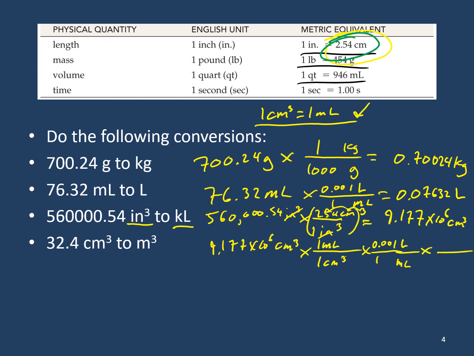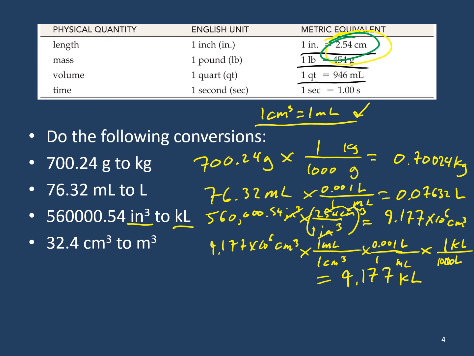And finally, I can go, hey, in 1 liter there are 1,000 liters in 1 kiloliter. This will allow me to get to my final answer, which is that there are 9.177 kiloliters in that many inches cubed.